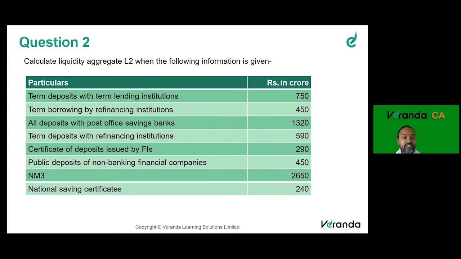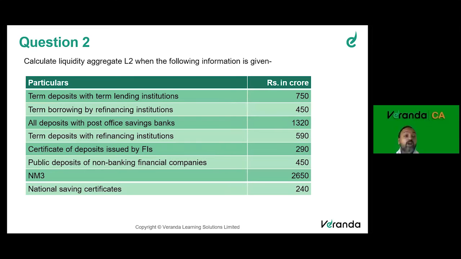They are speaking about term deposits with term lending institutions at 750 crores, term borrowing by refinancing institutions at around say 450 crores, all deposits with post office savings bank at around say 1,000, and term deposits with refinancing institutions which comes to some crores.